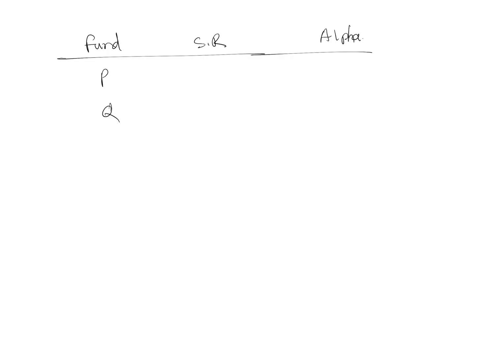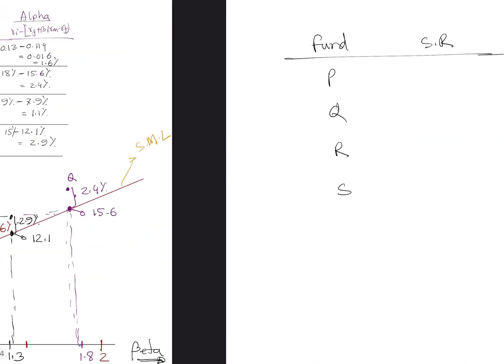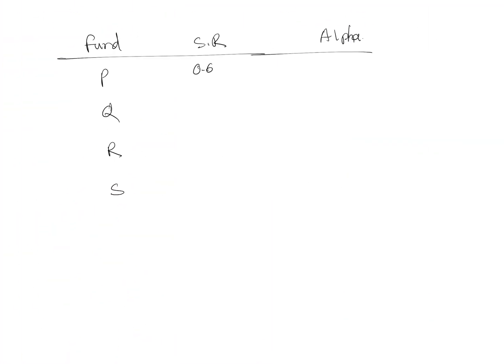So this is P, Q, R, S. If you're looking into the Sharpe ratio of these, you got 0.63, 0.68, 0.75 and 0.80.